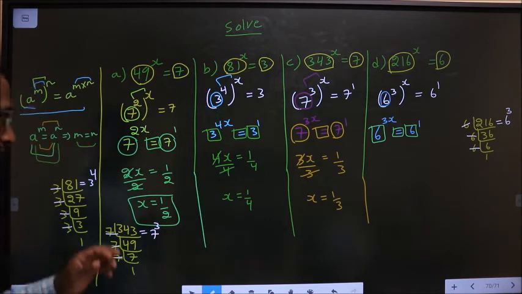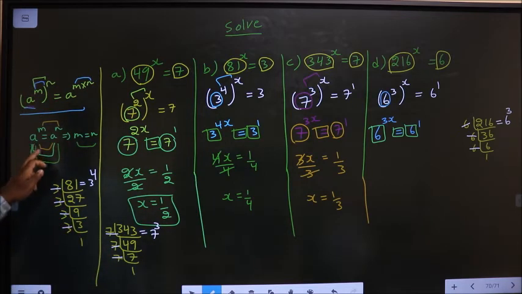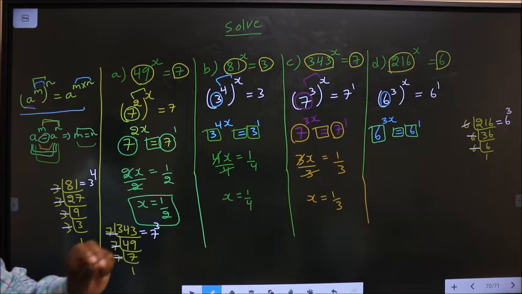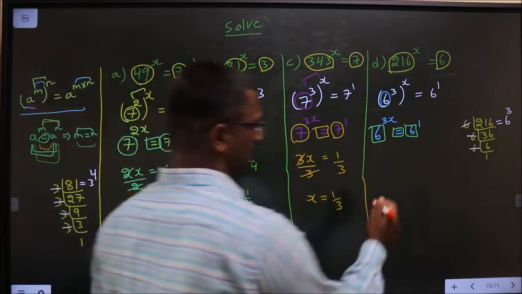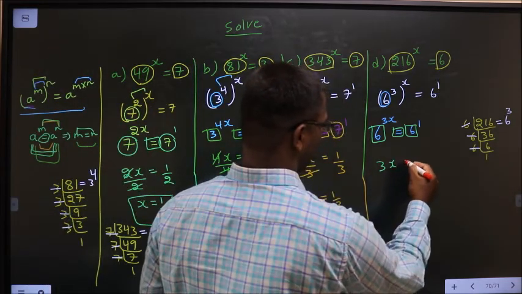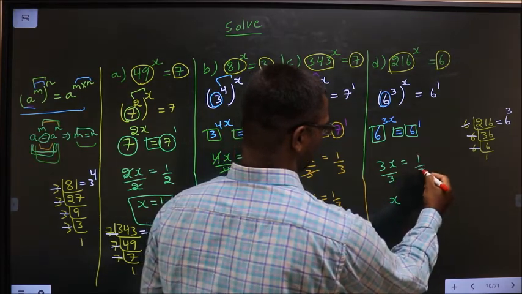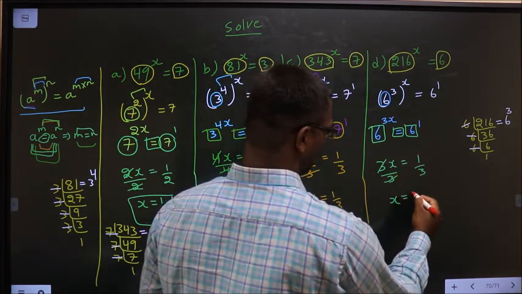So the rule is this one: bases are same, you have equal to, that means the powers should also be same. So equate the powers. So you get 3x equal to 1. Now to get x, divide by 3. So x equal to 1 by 3.